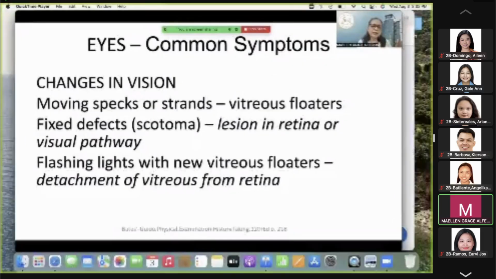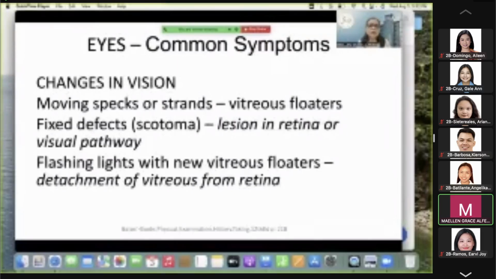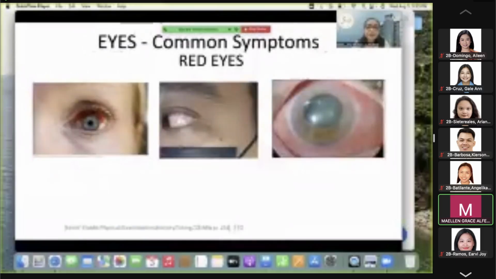If the history says that the visual loss has a flashing light with a new vitreous floater or specks, then it can be retinal detachment of the vitreous from the retina. And this is very important because you have to identify this, because this is fast and you can lose the vision right away.